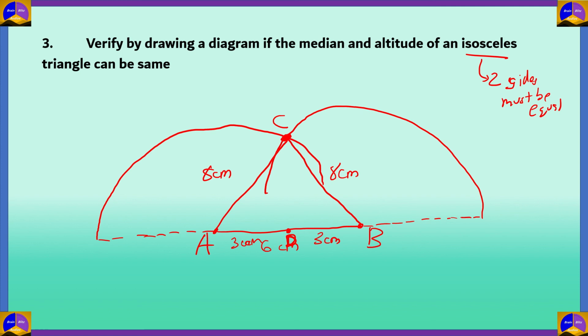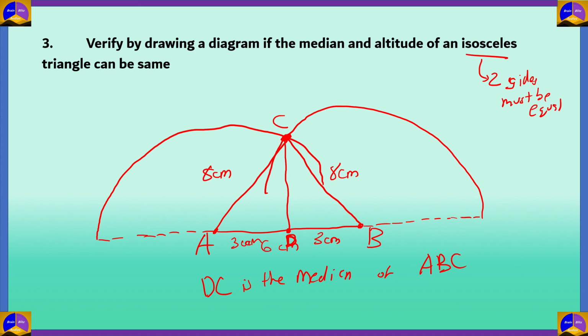If we draw a line from C to D, then it is a line from a vertex connecting the midpoint of the opposite side. So DC is the median of ABC.